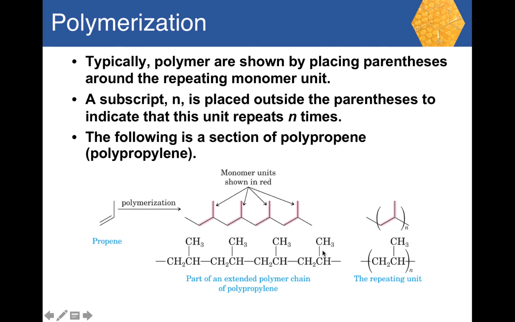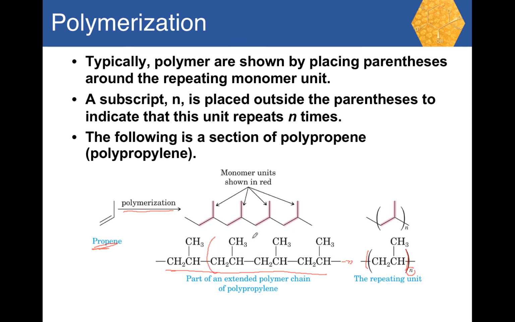Here's another example. This one we use propene, which we've seen before. Through the process of polymerization, here's what we get. Really a long chain. So instead of keeping going and going, we can write it like this with n in a bracket to indicate the repeating units.